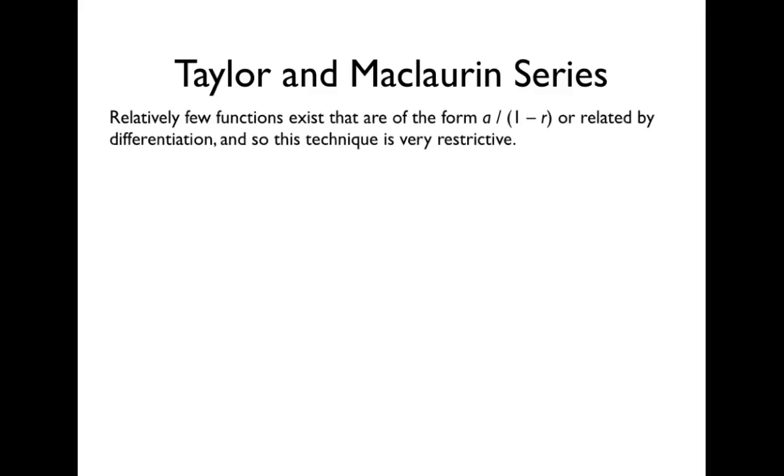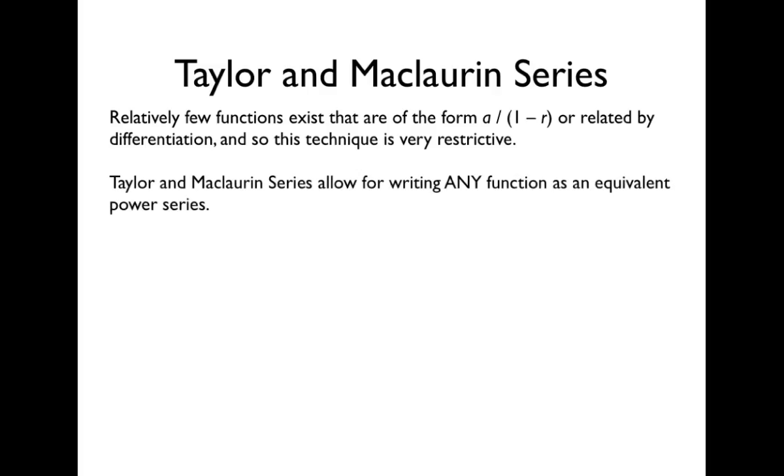So remember we said that this is a very narrow class of functions, ones that are very restrictive, either a over 1 minus r or related to that by derivative or antiderivative. That's a very narrow class of functions.